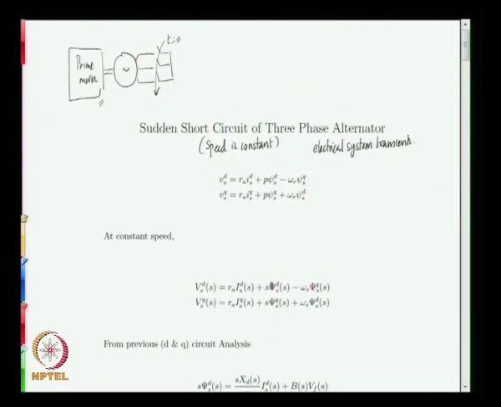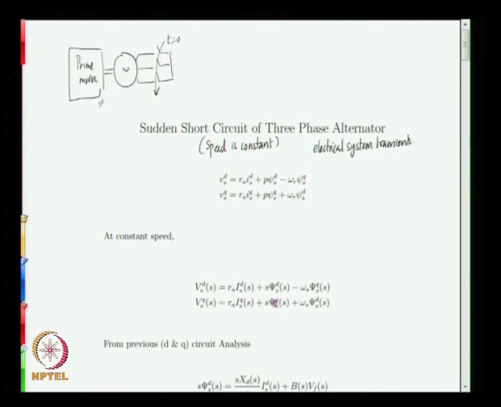Now we see that because you have s times psi d of s and s times psi q of s, and we have already derived expressions for psi d and psi q in terms of the other exciting variables. As far as the direct axis is concerned, the variables were Id and Vf. As far as the q axis is concerned, only Iq was there.